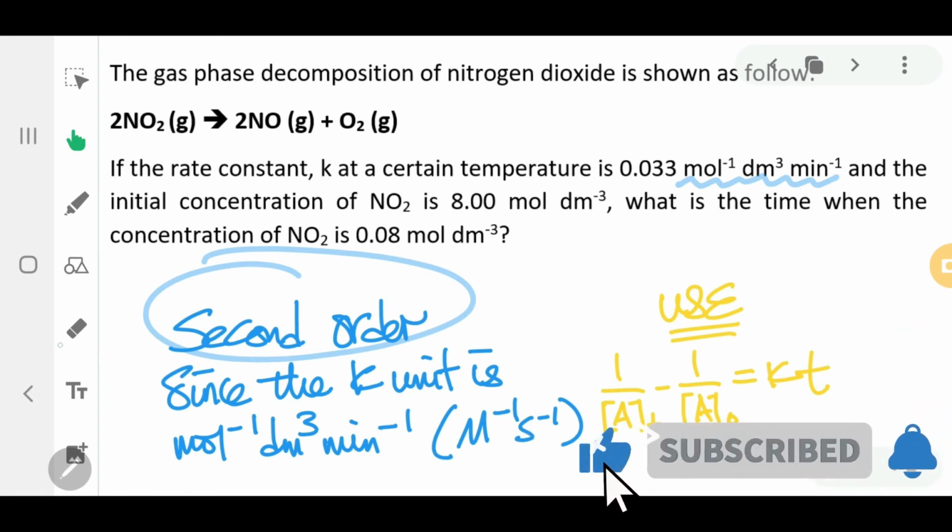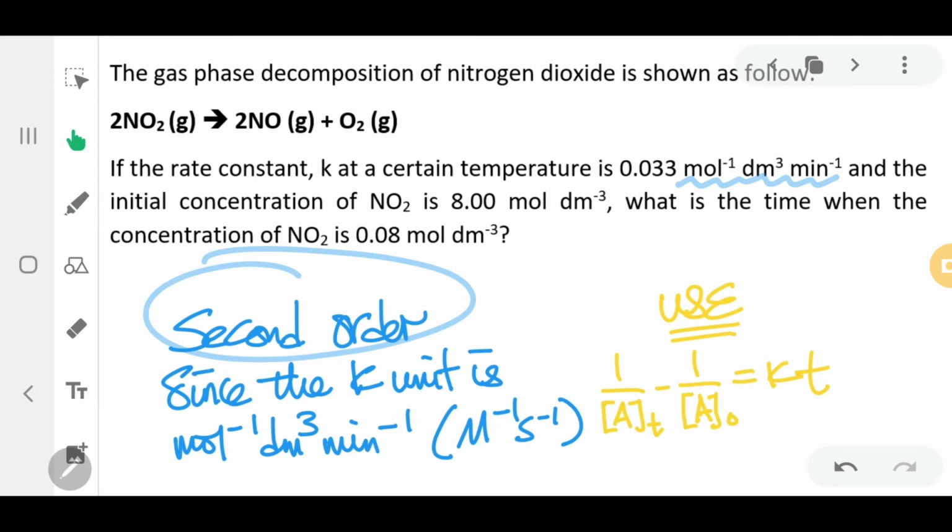So I'm just going to change that, it should be per molar per minute. My point is, when you get those units right there, that is the indicator that this whole thing proceeds via a second order reaction, and we need to use this integrated rate equation to solve this.